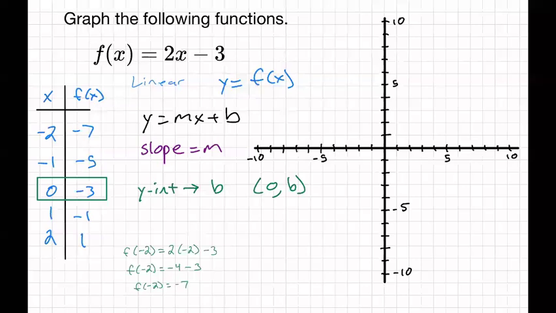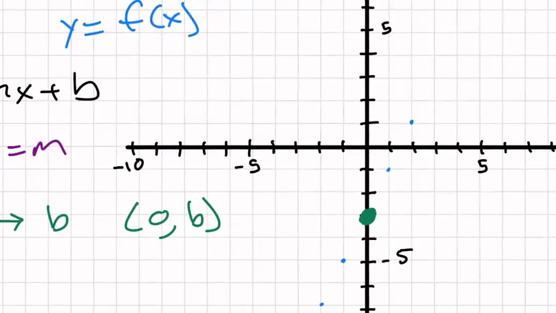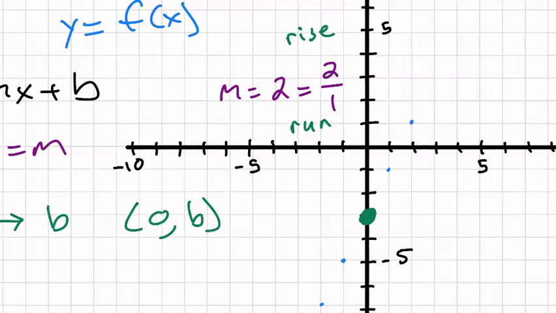Now, with that said, that means we can plot a point at the ordered pair (0, -3). That would be our y-intercept. Now, if you use the table values, we have points that look like this on our graph. If you use the slope, we said m was 2. You could write that as 2 over 1, and we could focus on that as a rise over a run.